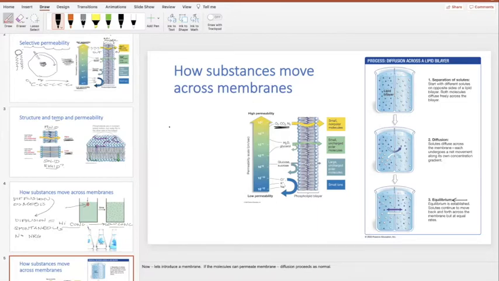And again, this is diffusion, and this is happening with no energy required, okay? Without any energy input, things will move from high to low concentration as long as they can cross this cell membrane.